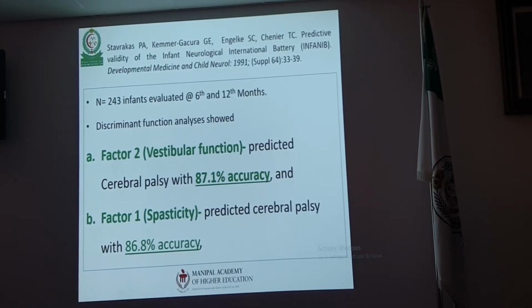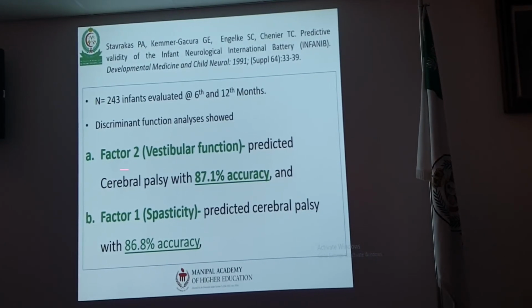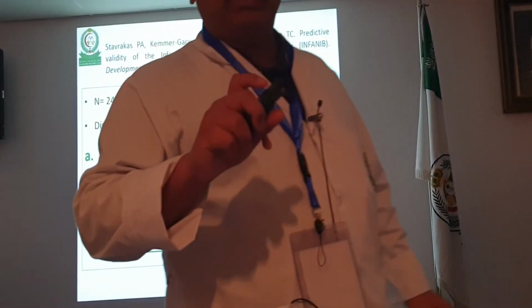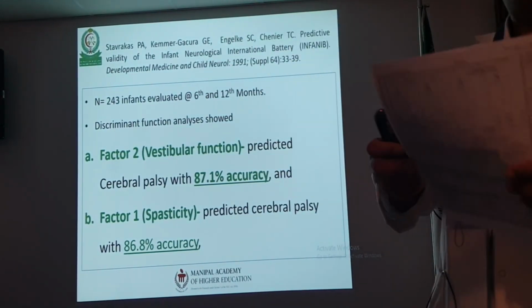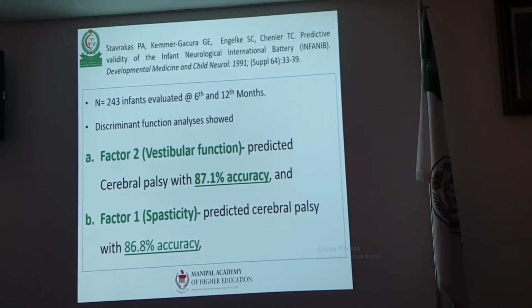It will be based on factor. So factor 2 and factor 1. Vestibular function, factor 3. Yes, correct. So factor 3, vestibular function, and factor 1, spasticity, will be used for cerebral palsy diagnosis.